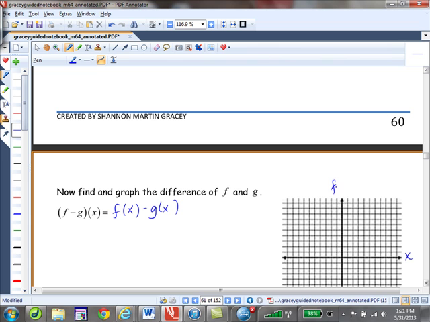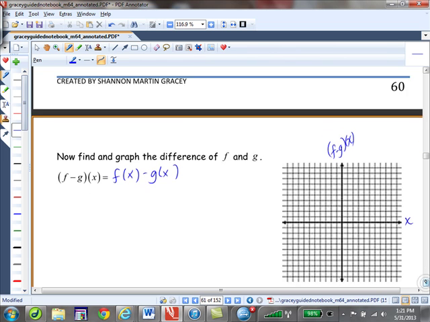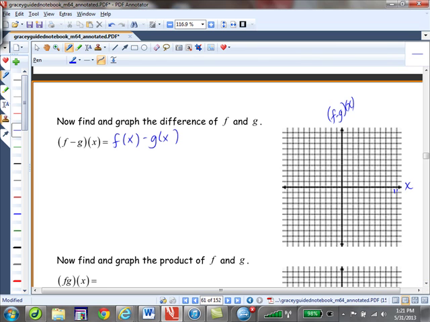This one will be f minus g at x. We'll do the regular scale. So remember that f at x was negative x, and then minus the quantity 3x minus 5. And this is what f minus g at x will be.